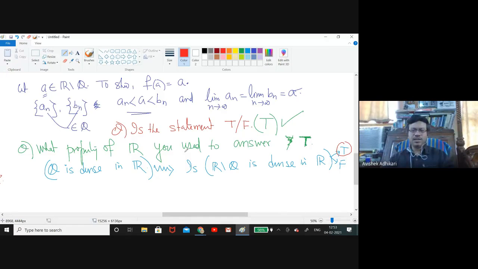Now you can understand that I am very much within real analysis because I am considering the dense property of Q in R. Now, a quite similar question is the complement of Q in R, whether that is also dense or not. Then I have every right to ask you the proof of this, right? That's the way people usually face questions in interviews.